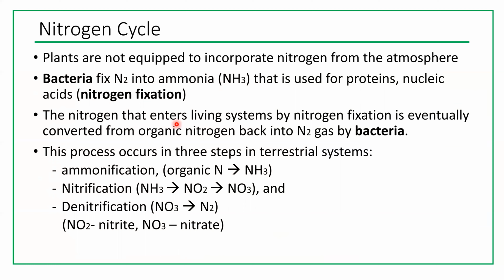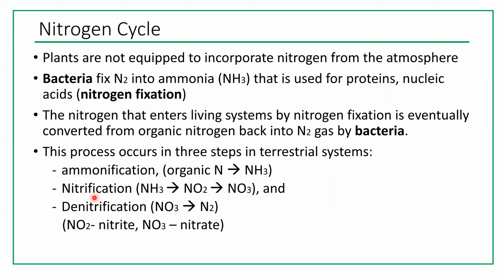So the nitrogen that enters living systems by nitrogen fixation is eventually converted from organic back to nitrogen gas, also by bacteria. So the nitrogen cycle relies heavily on the activity of bacteria. And here are some processes that occur in a terrestrial system. We have ammonification, which is the conversion of nitrogen into ammonia.